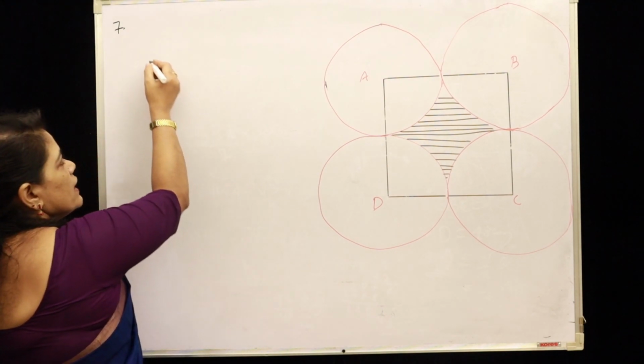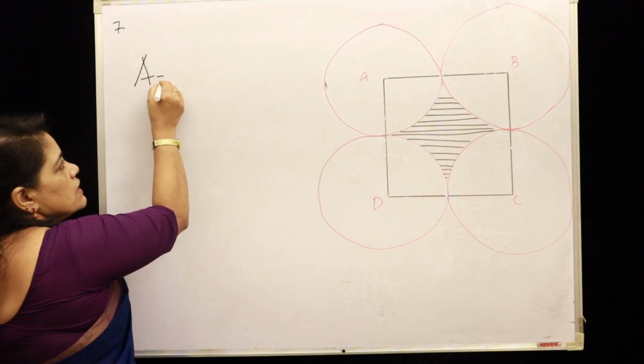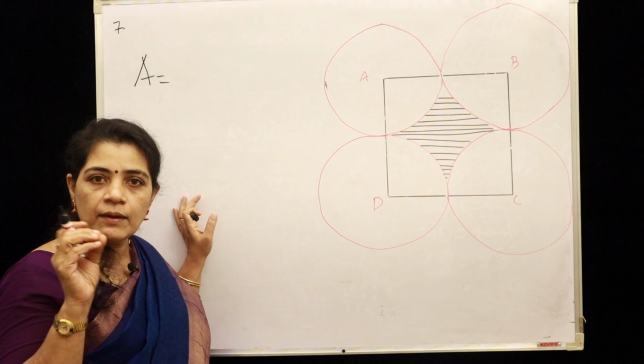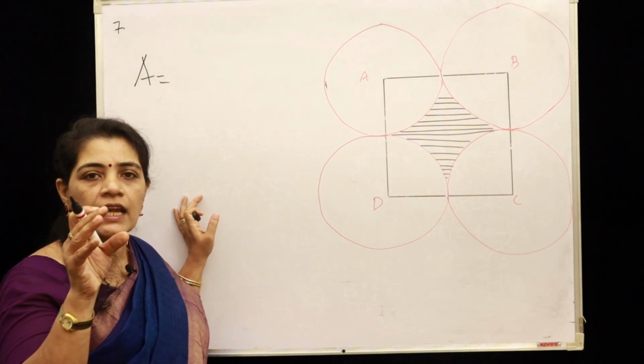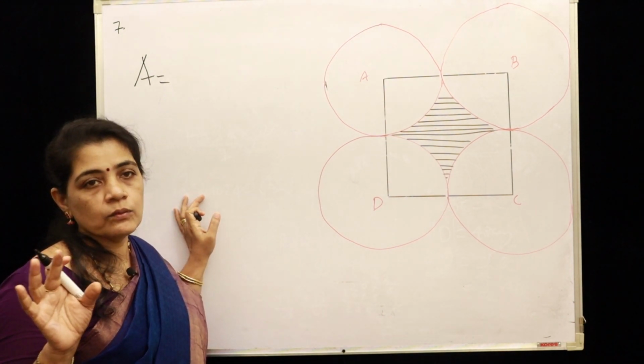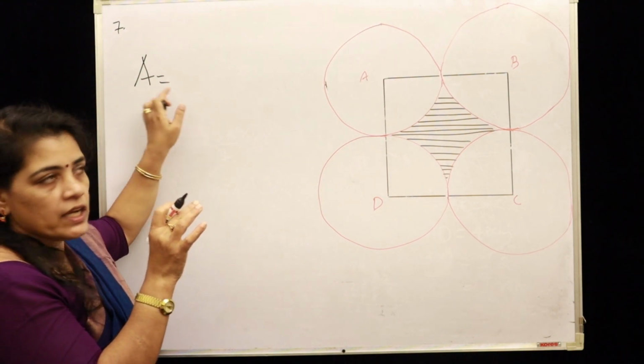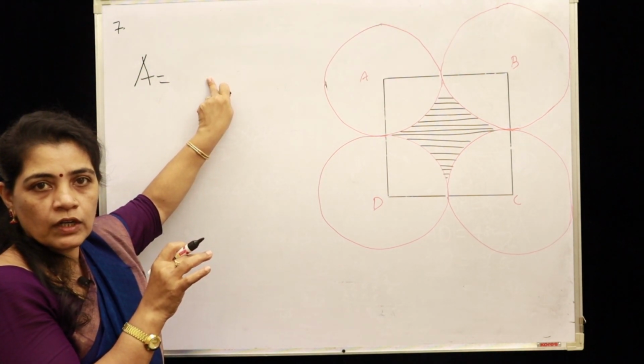So in order to get the area of the shaded region, so many times I told you we represent any area with the letter A, but we have to write area of the shaded region. A is equal to, what is that?